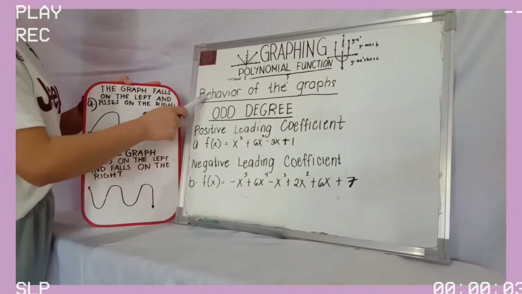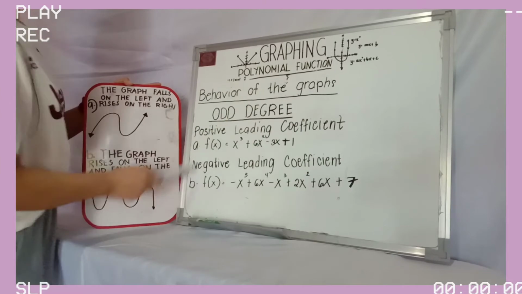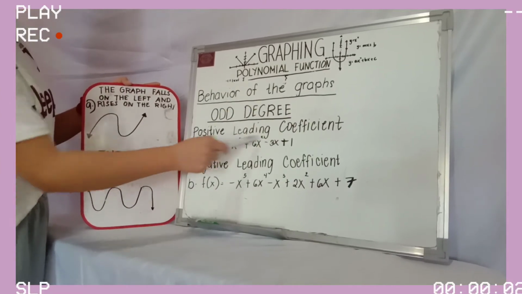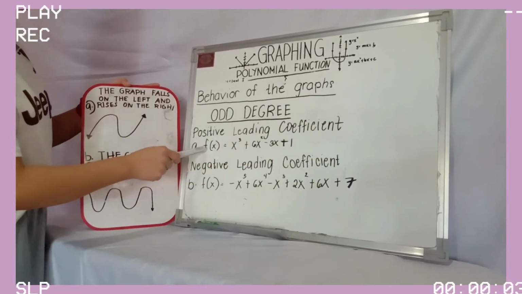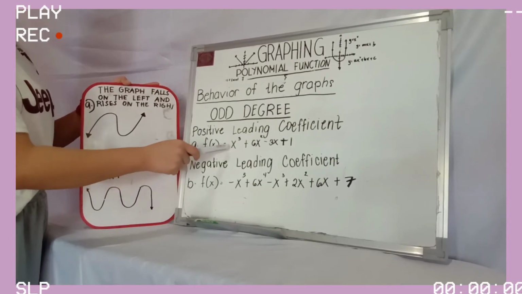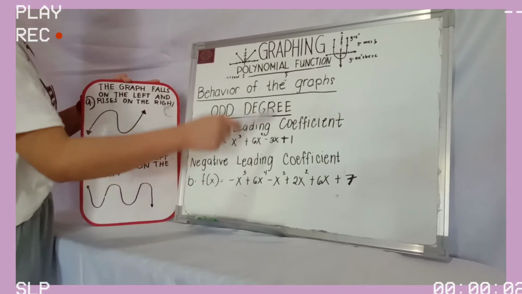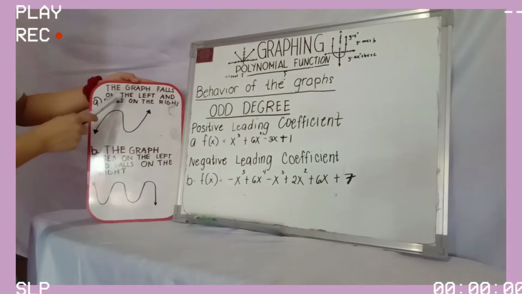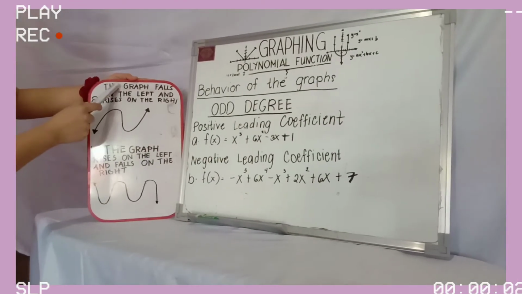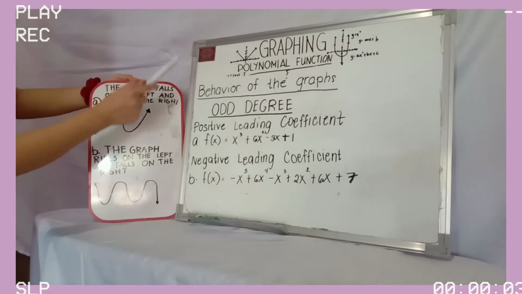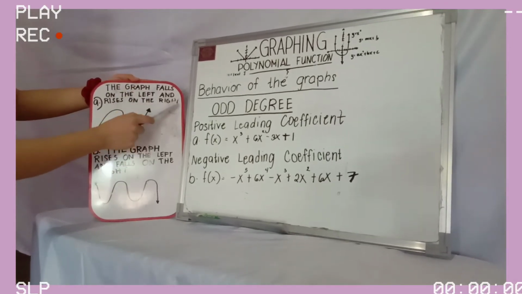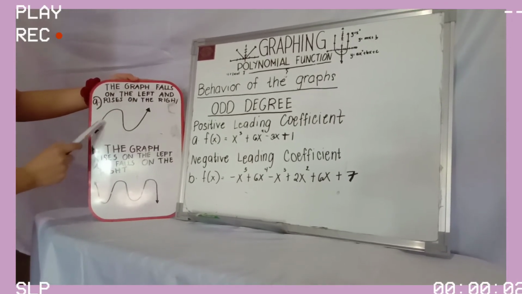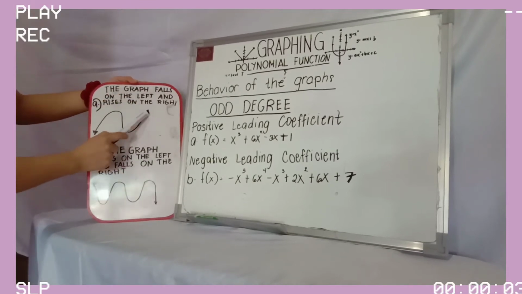So there are behaviors of the graph. For the odd degree and the positive leading coefficient, just like this one, f(x) equals x cubed plus 6x squared minus 3x plus 1, the graph falls on the left and rises on the right.